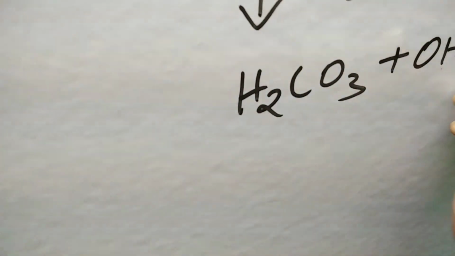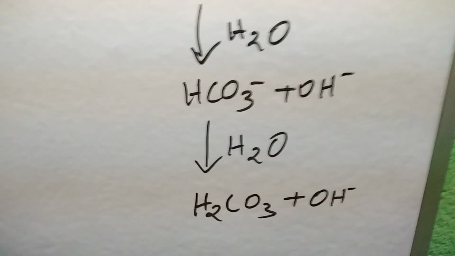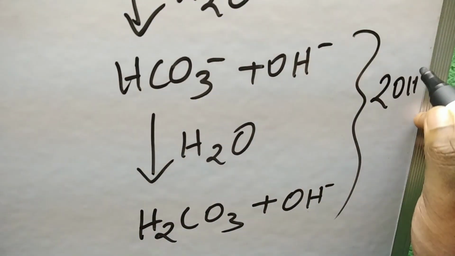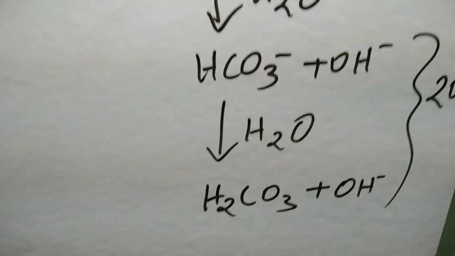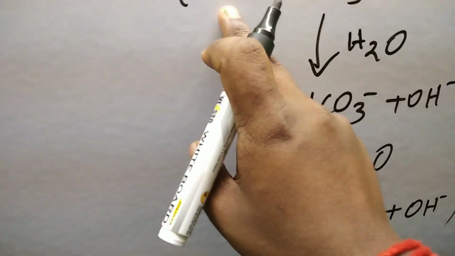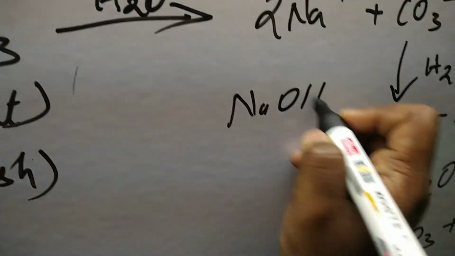Again it will react with H2O and form H2CO3 and OH minus. So in total how many OH minus dissociate? 2 OH minus. Okay students, and at last this OH minus will react with Na plus and form NaOH.